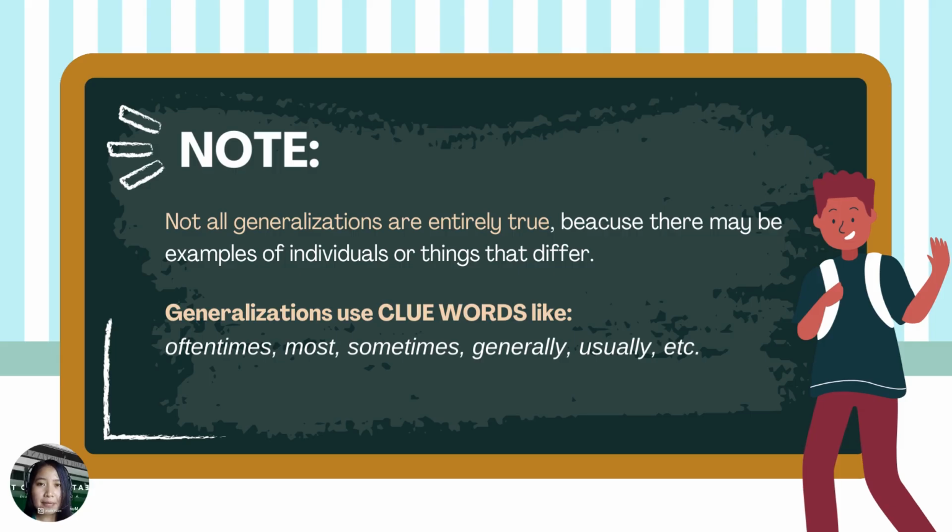But please keep in mind that not all generalizations are entirely true because there may be examples of individuals or things that differ. That's why we have this idea of false generalization. It's not always correct to generalize a trait or a characteristic to a group of people just because you saw it in a particular scenario, because again, people are different from one another.